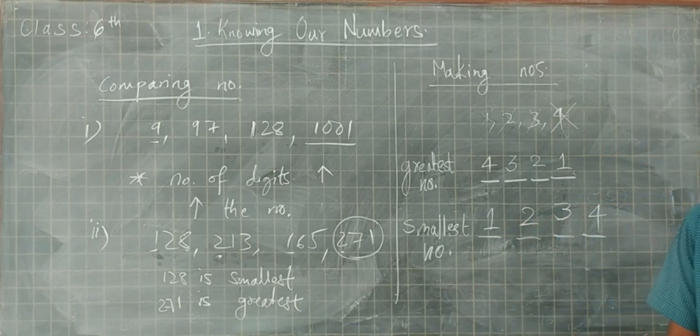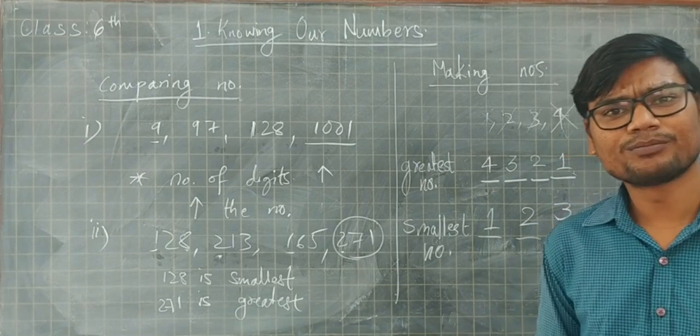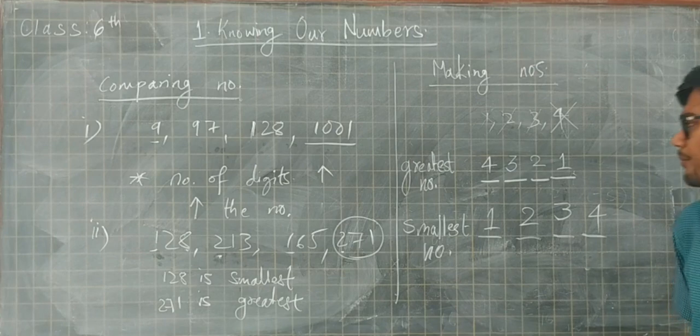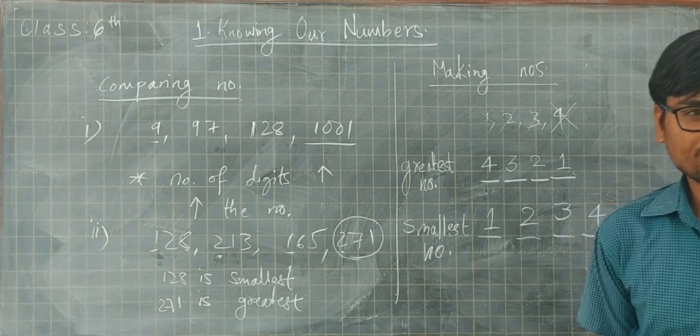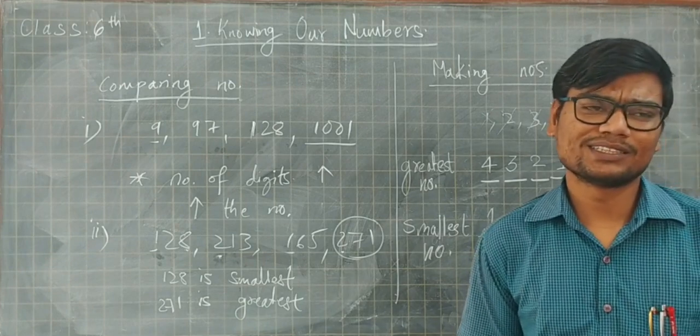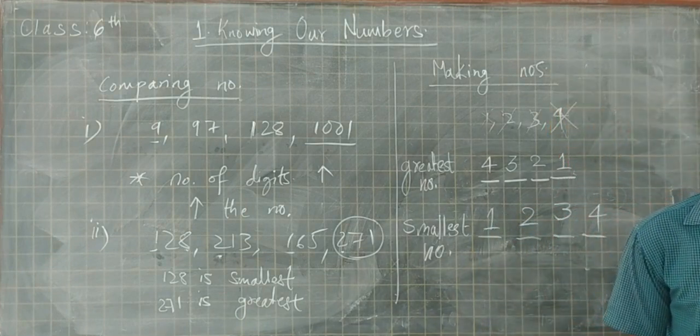Now, shifting the digits. How we can shift the digits and make the greatest number or the smallest number. This also we have learned: how we shift the digits to change the nature of the number. We shifted the digits to make it from the greatest to the smallest. So this is called the shifting of digits.